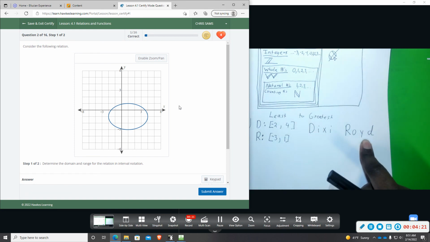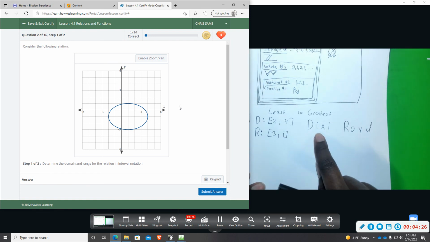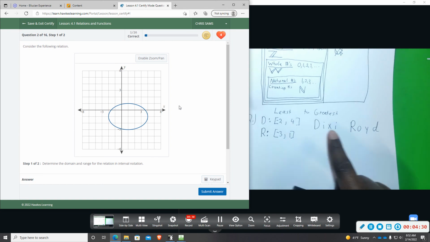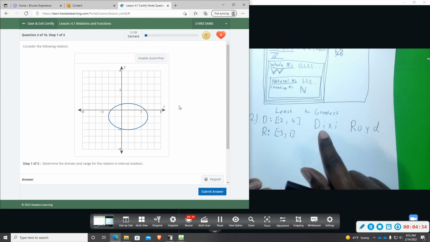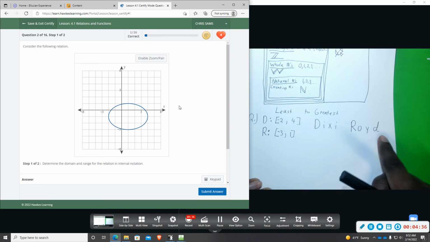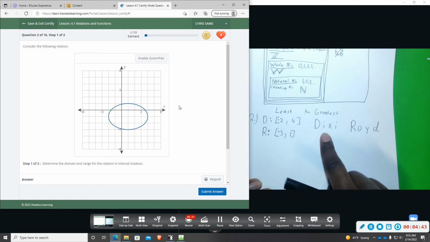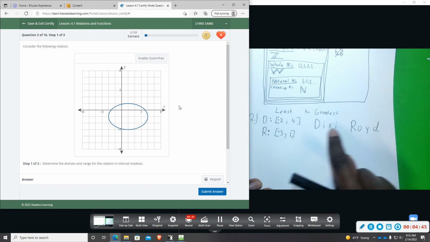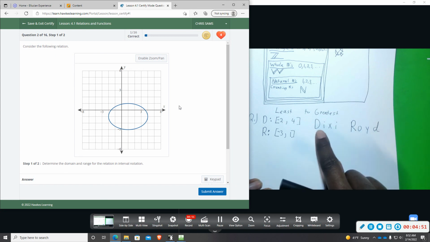Roydy will be the younger brother. If you've ever had a younger sibling, you know anything the older one does, the younger one wants to do. And so let's just say that there was a school dance and Roydy wanted to go. Since he's younger, he needs supervision. So he depends on his older sister. And so I'll kind of put this in context. This is the dependent variable. This is independent.